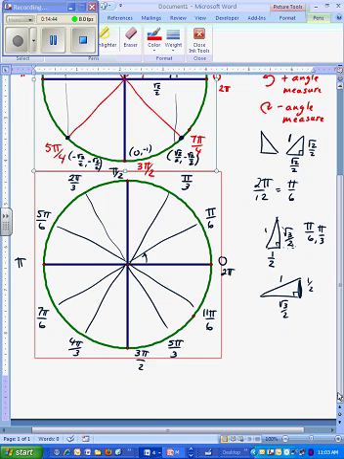Now if we go back to the other triangle, which is the 30, 60, 90, that's our other special triangle, we can fill out this bottom unit circle in a similar fashion. So if I look at this one, at pi over 6, I'm going to be forming my 30, 60, 90.